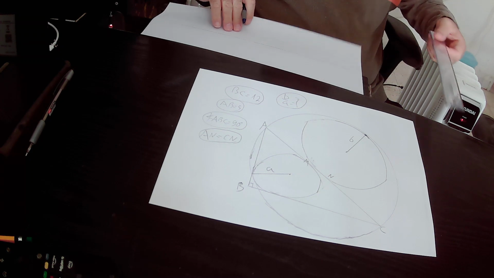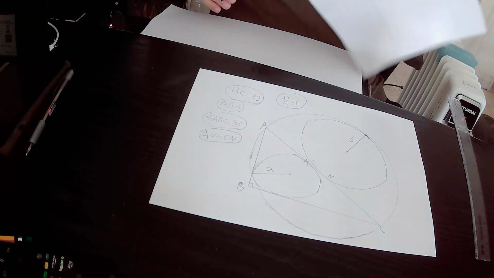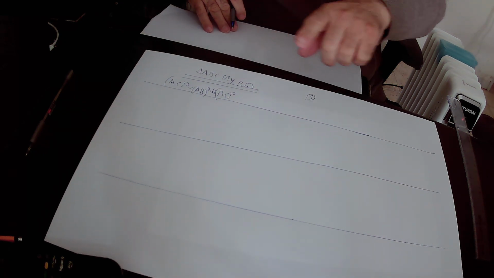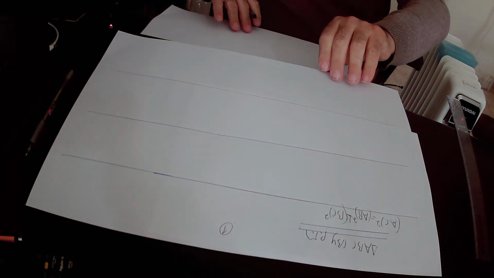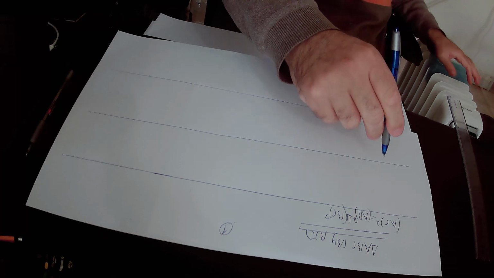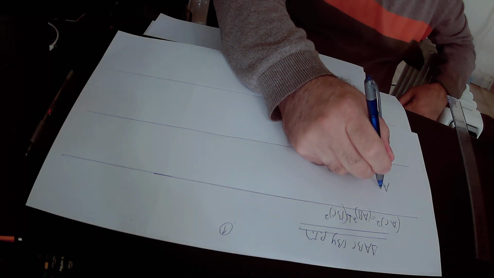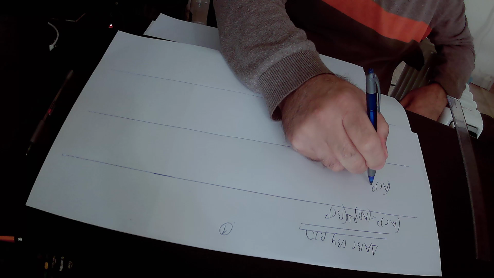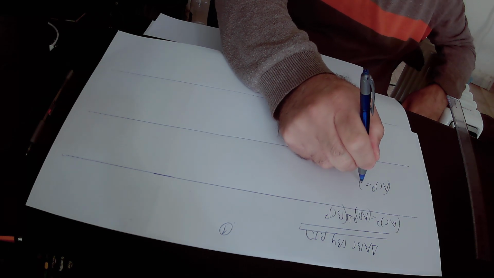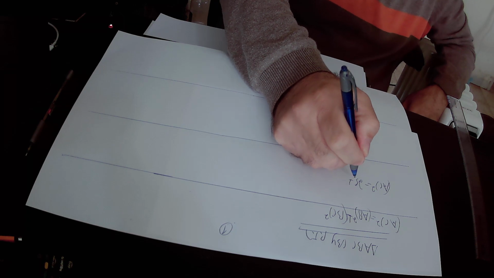Repeat again. Right triangle ABC, according to the Pythagoras theorem, AC square equals AB square plus BC square. So AC square equals AB square. AB is 5, therefore AB square is 5 squared, that is 25, plus BC square.